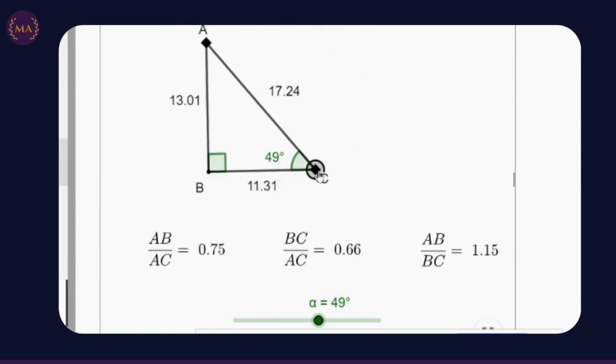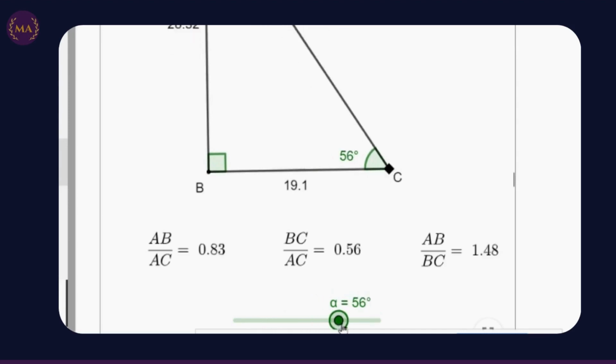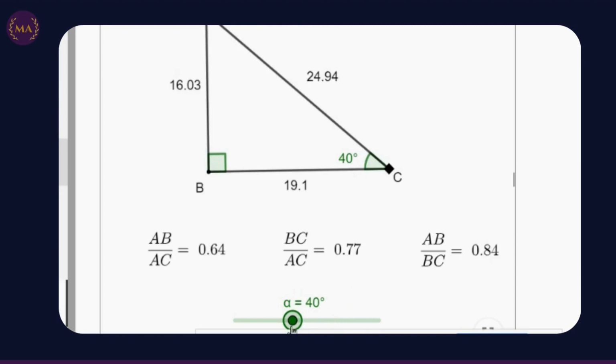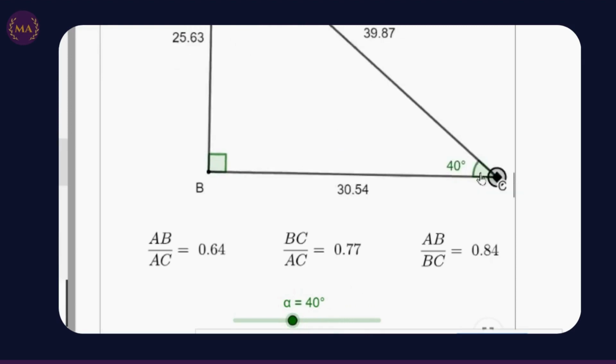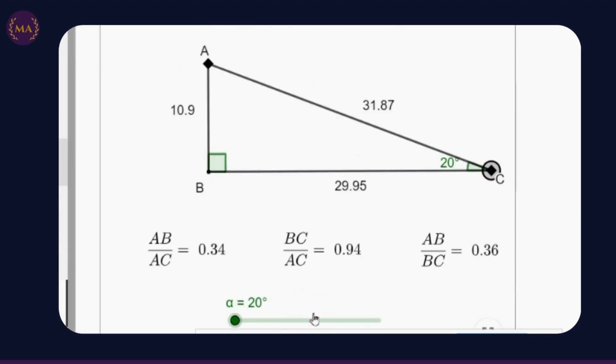Let's observe once again. If I keep the angle fixed, that is 49 degrees, and I'm changing the length, the ratio is not changing. But when I change the angle, you can see the ratio is changing. If I change the length, the angle is constant. If I change the angle, the ratio is not constant, right?